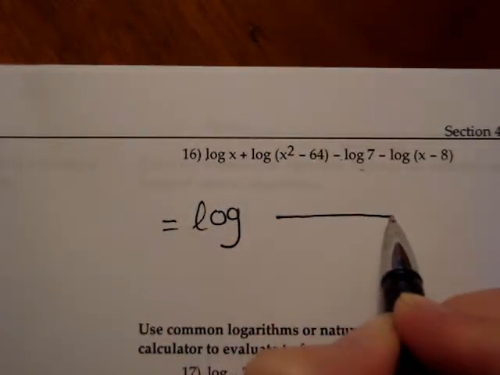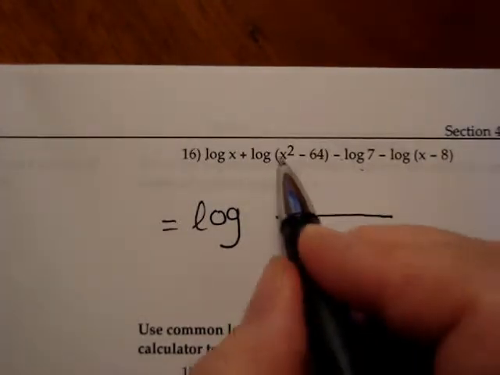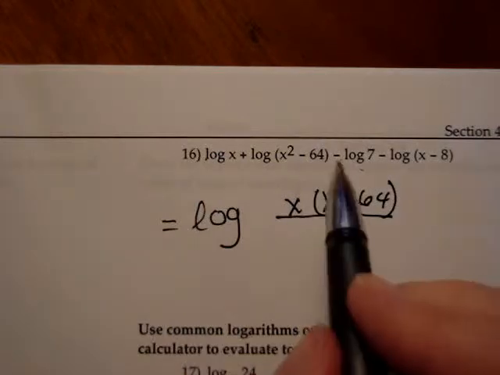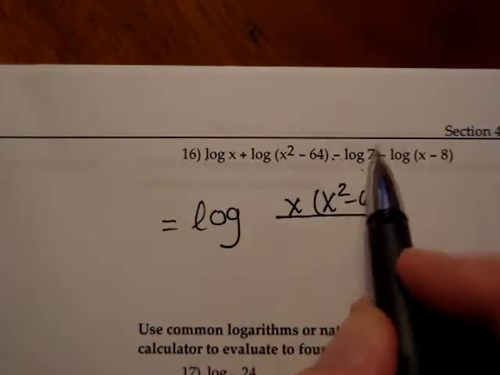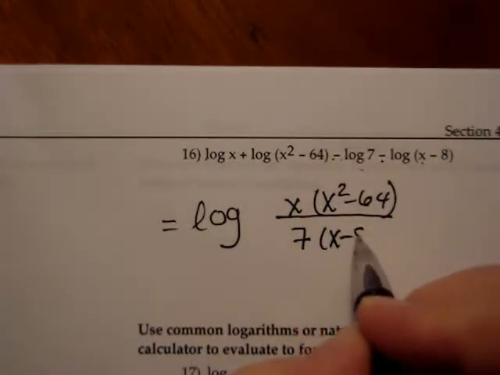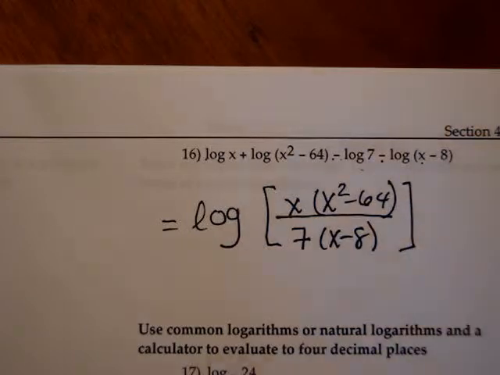I'm going to make a fraction bar, and I know that the x goes on top times the x squared minus 64. And now on the bottom, because it's minus log of 7, I'm going to have 7 minus this one, x minus 8, is also going to go on the bottom. That's just a shortcut.